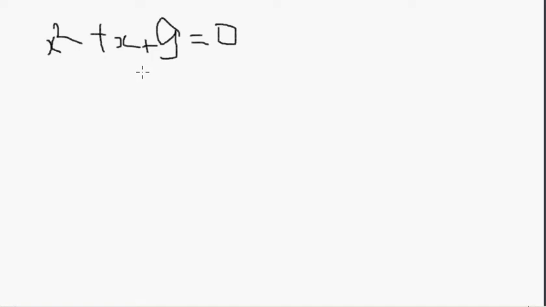Okay, so how are we going to find out? In my previous video, I showed how to find out whether it's imaginary or not. First we should know the formula.